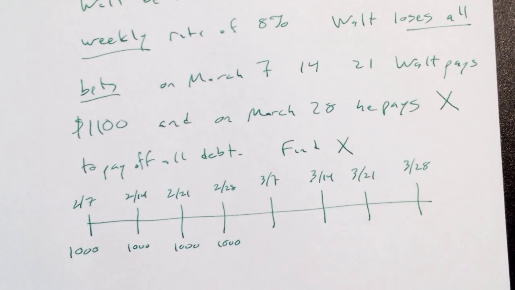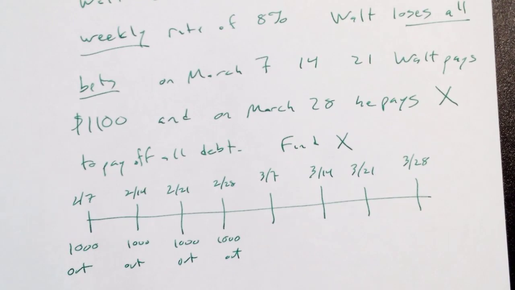that we have to decide whether it's positive or negative. Are we thinking of this as money we loaned out, or as money Walt brought in? It's up to you. But these are outs. So I'm just going to write out. This is money out for now, out to Walt. So I'm picturing myself as the bookie. I loaned the money. Now I'm going to bring in the money.